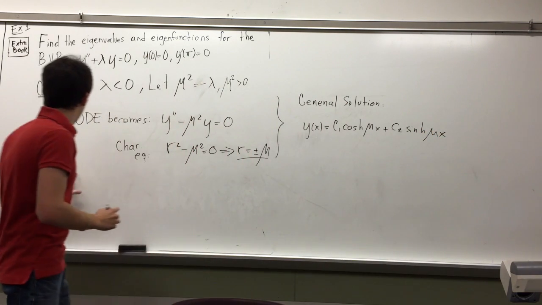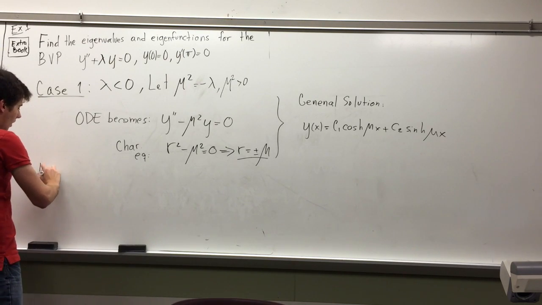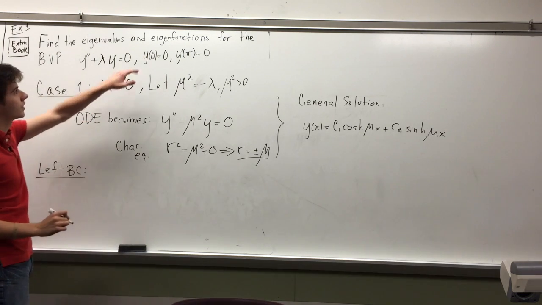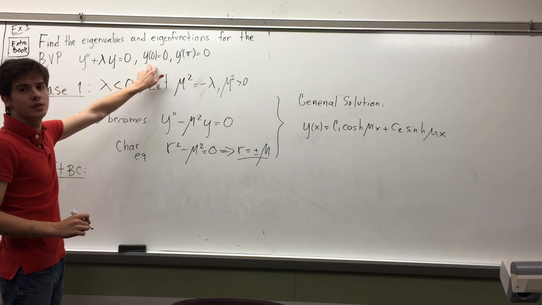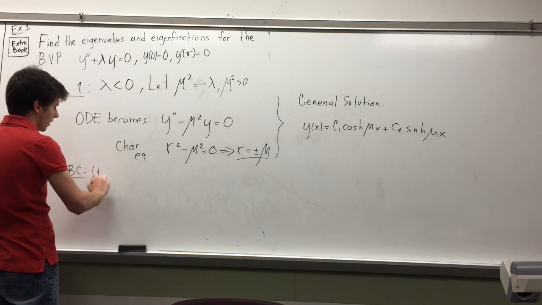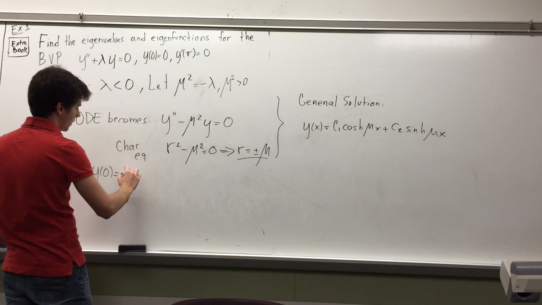And let's apply our boundary conditions. Our left boundary condition says that y of 0 is equal to 0. So if x is equal to 0, y is equal to 0.